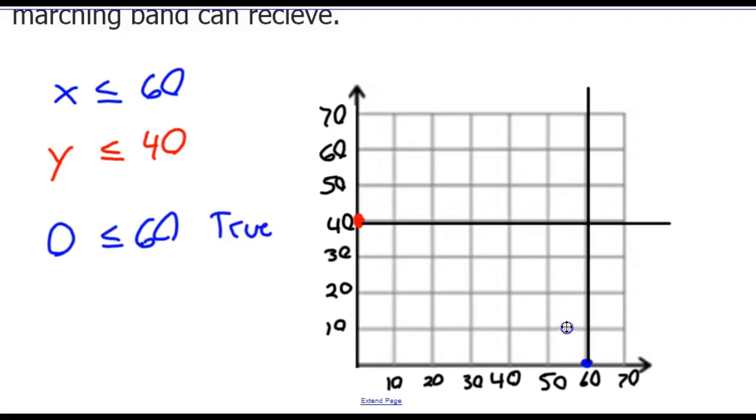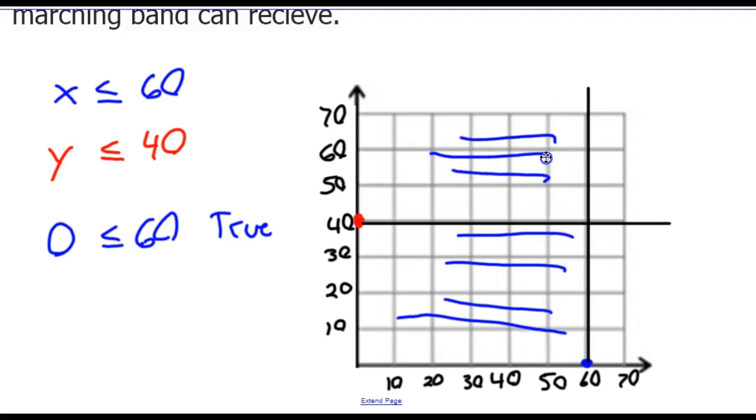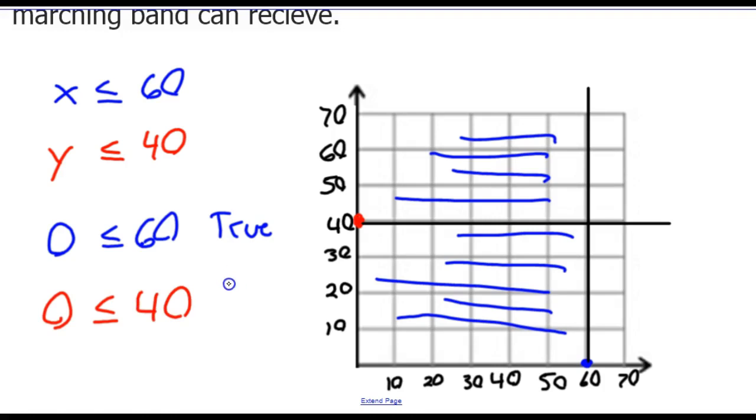So we could shade in all of this area of our first line. Then we could test if 0 is less than or equal to 40, and that's true. So we can shade in where our 0 is on this line, which is down.